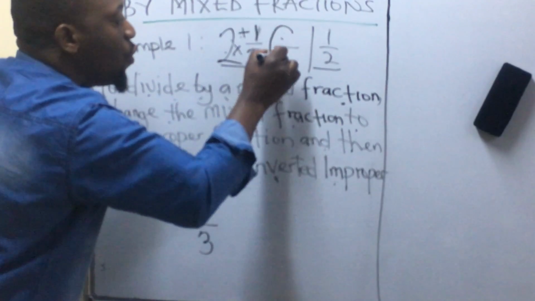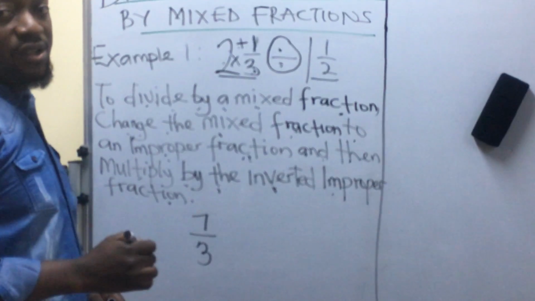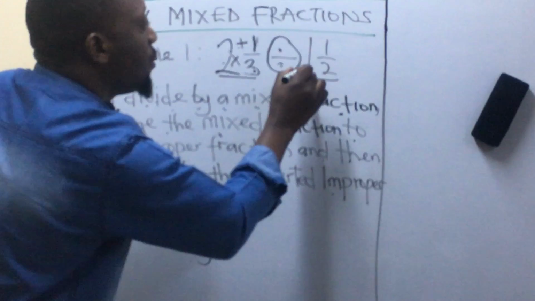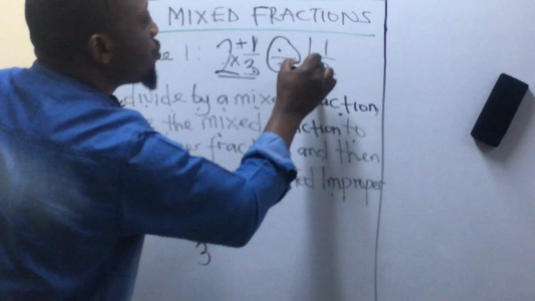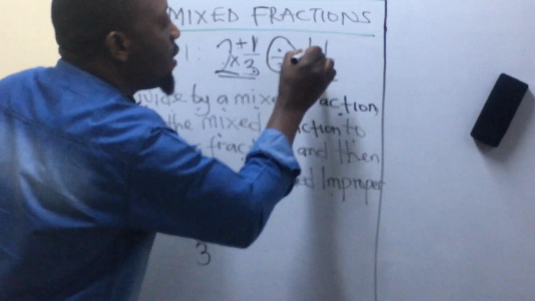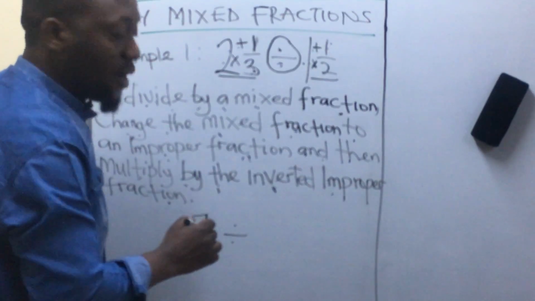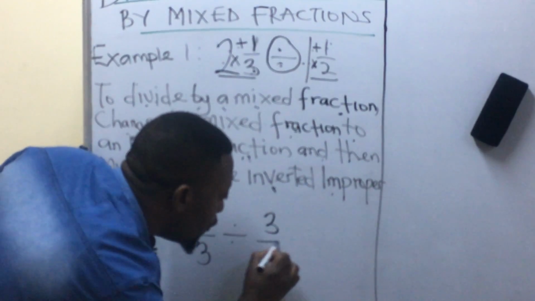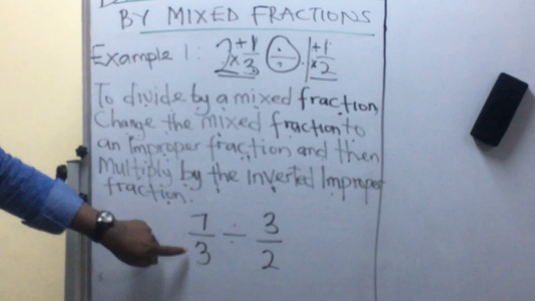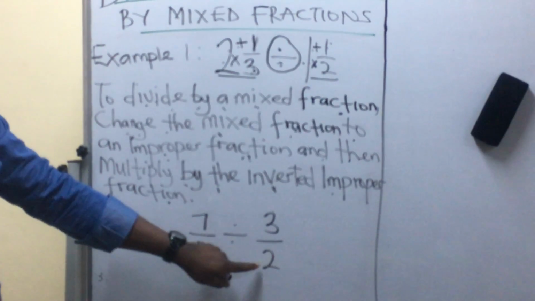Then I told you when we are doing division of fractions, this division sign must change. But let me still write it here first for more understanding. Then I'll change this also to improper fraction by saying 2 times 1 plus 1. 2 times 1 will give us 2 plus 1 making it 3. So it's going to be 3 over 2. Now I've changed this mixed fraction to improper fraction, and I've also changed this mixed fraction to improper fraction.